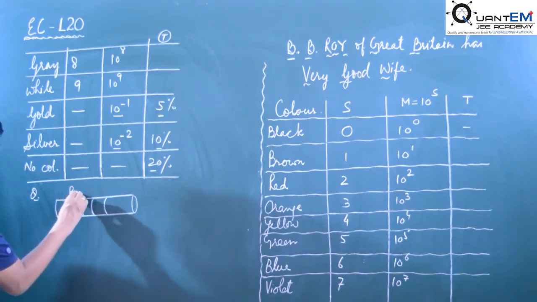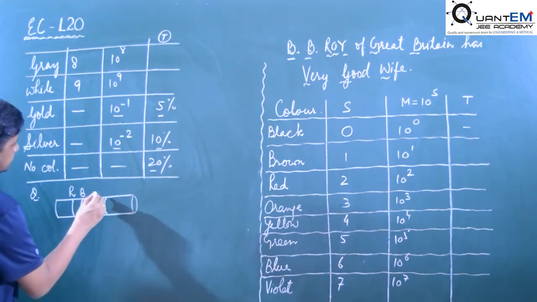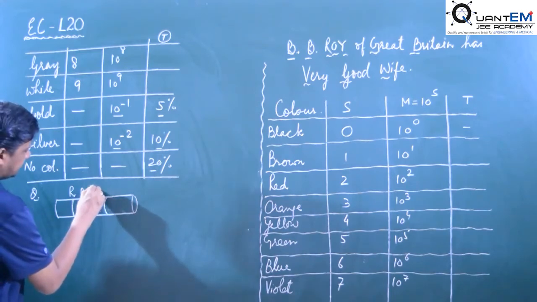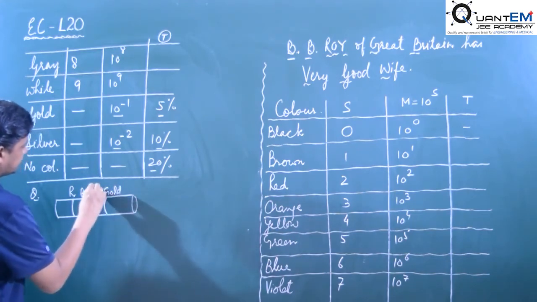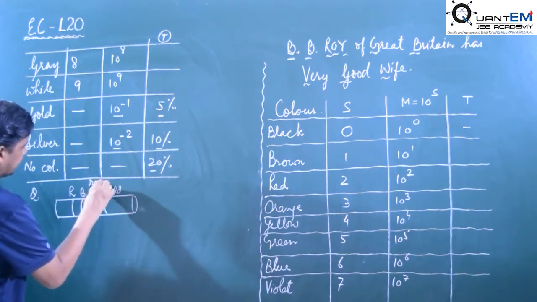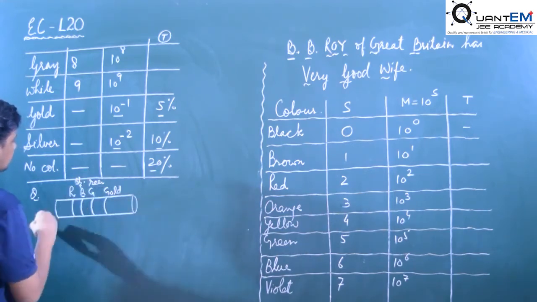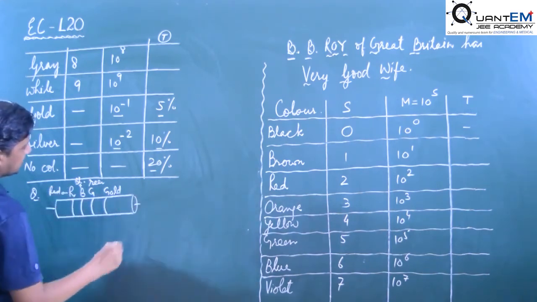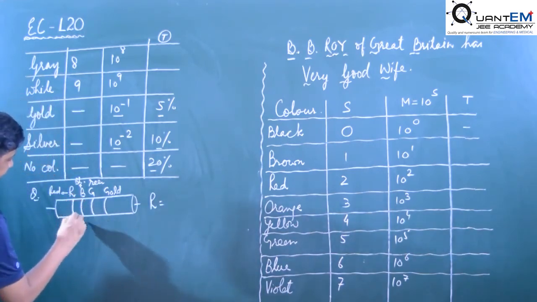Suppose this one is red, this one is blue, and this one is green, and this one is golden. Okay, it is green, and it is blue, and it is red. For this resistor you have to find the resistance. Okay, so first is red.